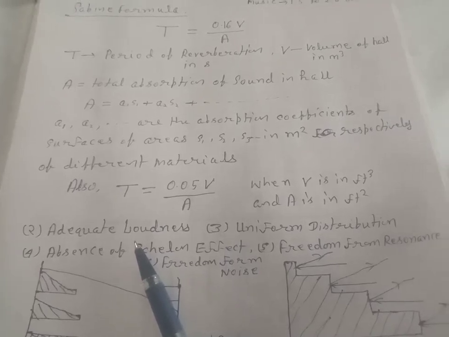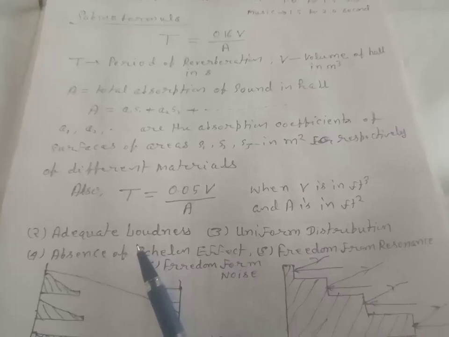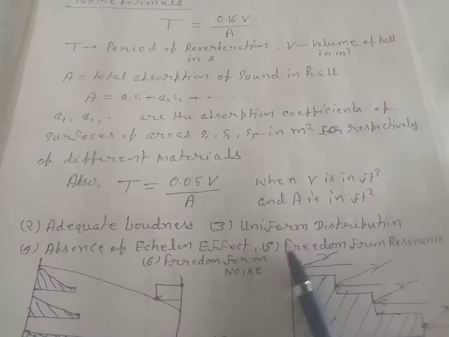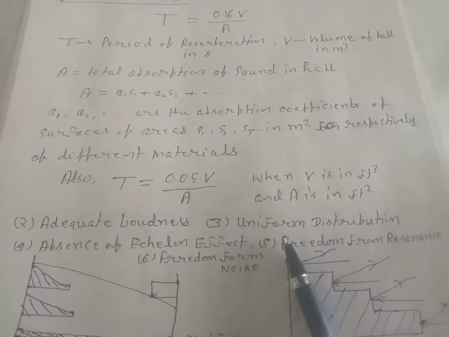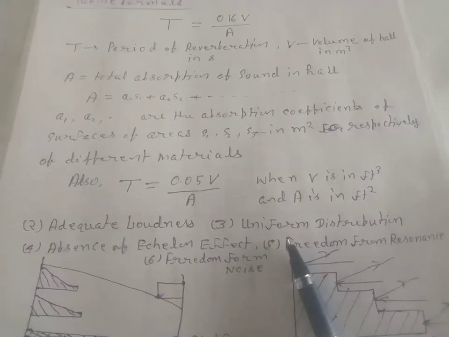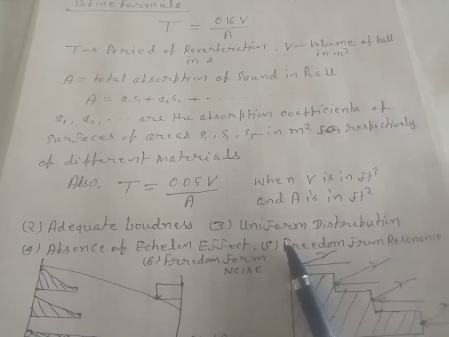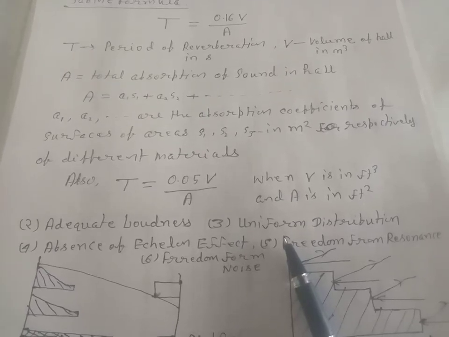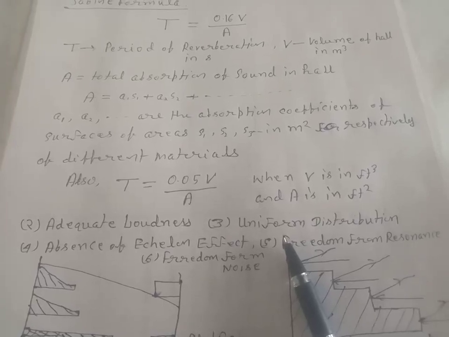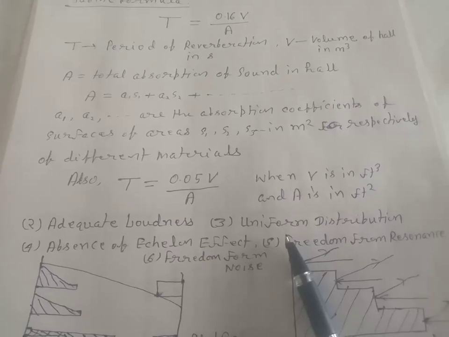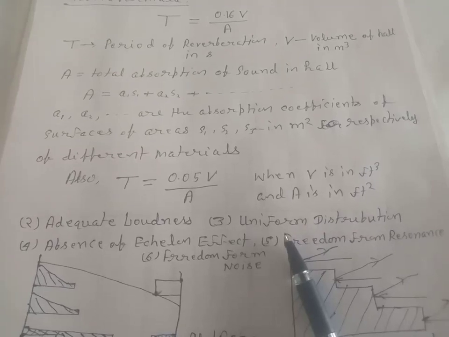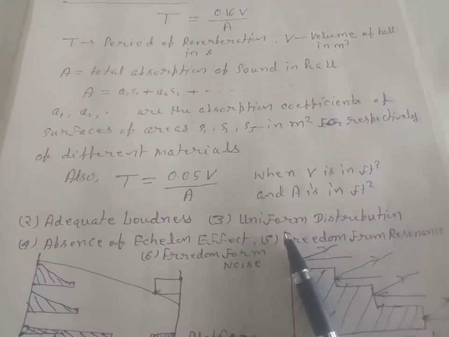The third point is uniform distribution. There should be a uniform distribution of the voice of the speaker in the entire hall, and for this the walls and ceiling of the hall should not have curved surfaces, because they focus the sound in some parts, while in other parts no sound reflects at all.